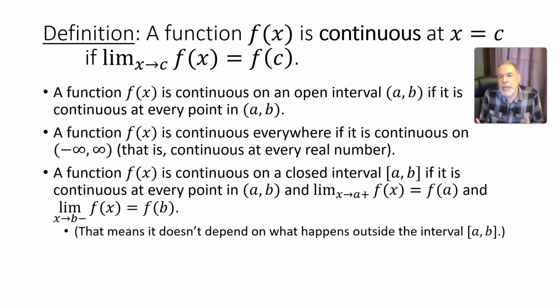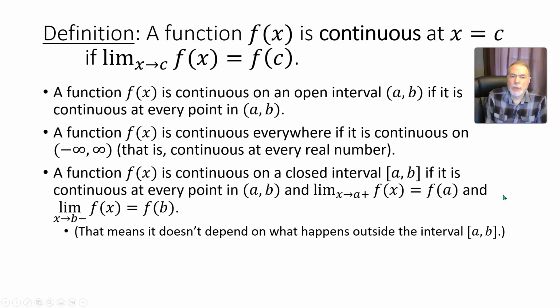So we can't just say it has to be continuous at every point in that closed interval, because to be continuous at, say, the endpoint a would mean that the limit as x approaches a would have to exist, and that would depend on all of the x's that are close to a. But some of those numbers that are close to a are a little bit less than a, which would put them outside the interval.